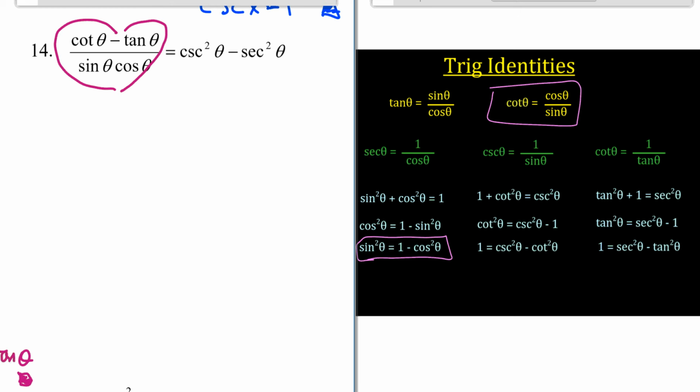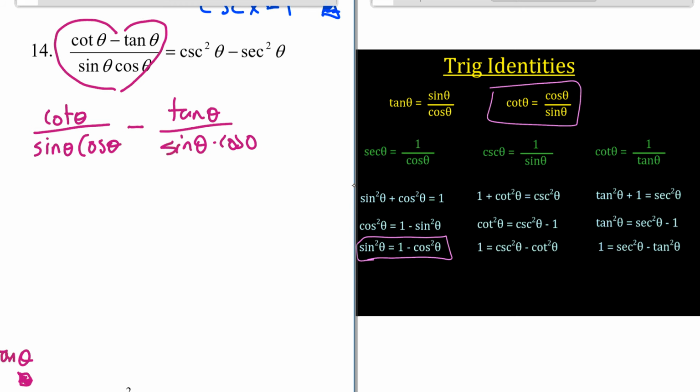This one looks like a heart, so I can take it apart. And let's see if I can get to the right side. So I'm going to do cotangent theta over sine theta cosine theta minus tangent of theta over sine theta times cosine of theta.